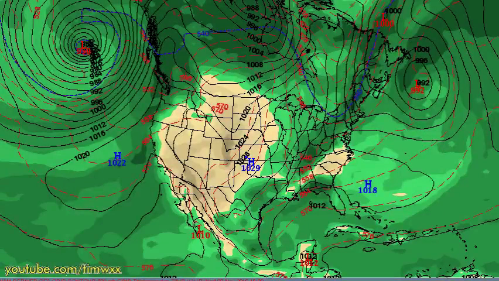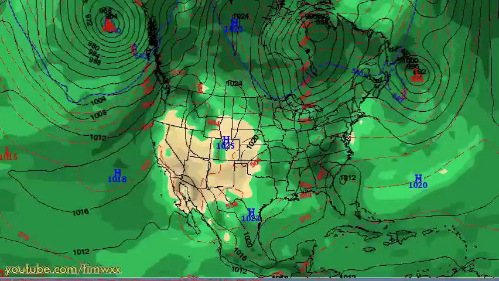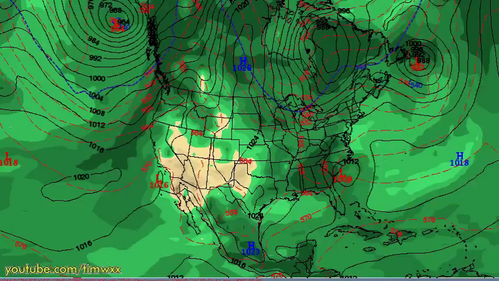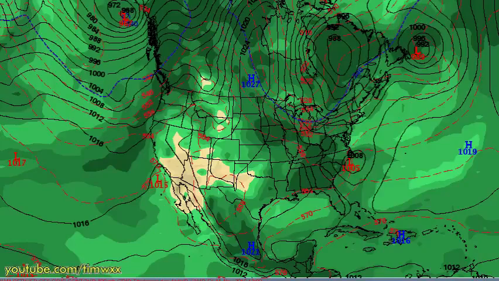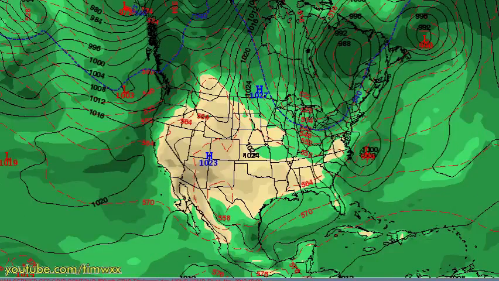So it looks like when we get the bulk of this high pressure shifting into Texas around Wednesday, we finally start drying out a little bit. And we get the warm air advection aloft turning more into cold air advection. Okay, then looks pretty stagnant over the next, let's see, a couple days towards the weekend.